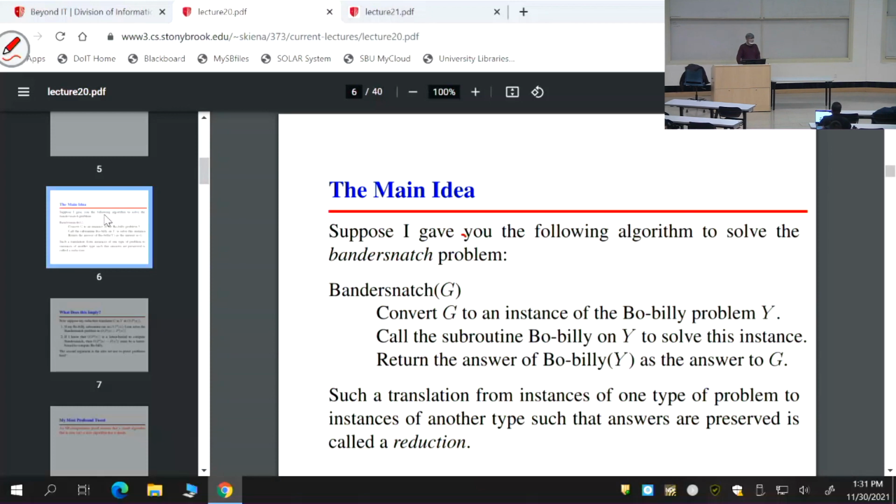What is Bandersnatch going to be in trying to prove vertex cover is hard? Yeah? I should say 3-SAT. And what is my mobility?